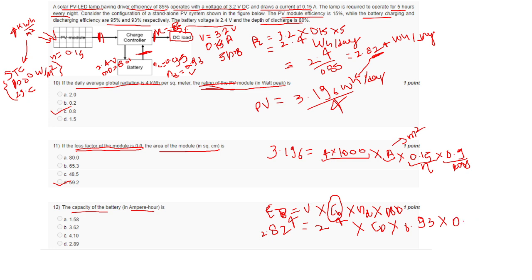So you can solve this energy balance, and you will get the capacity of the battery to be 1.58 ampere hour.